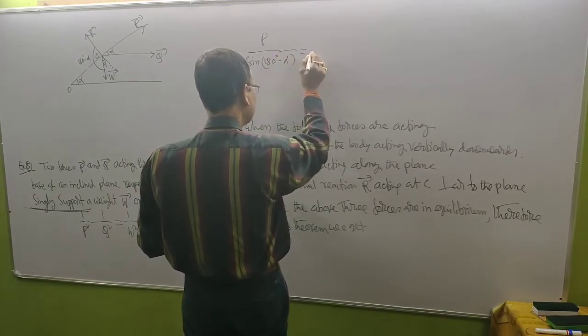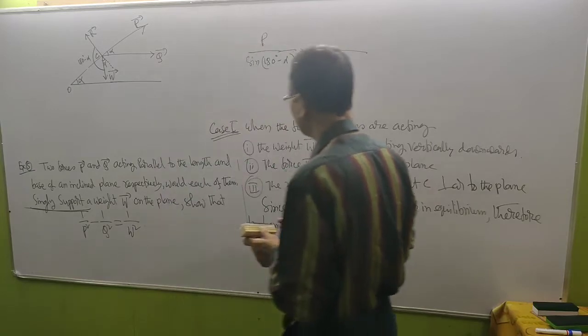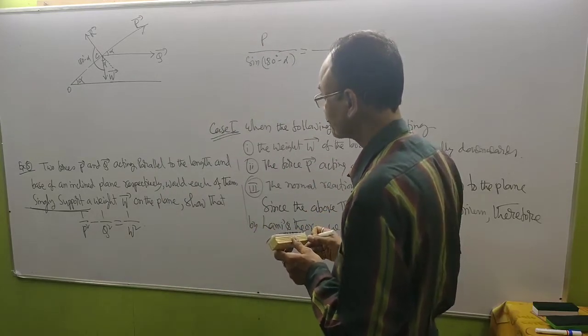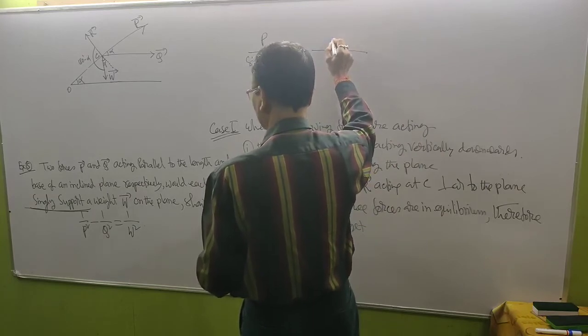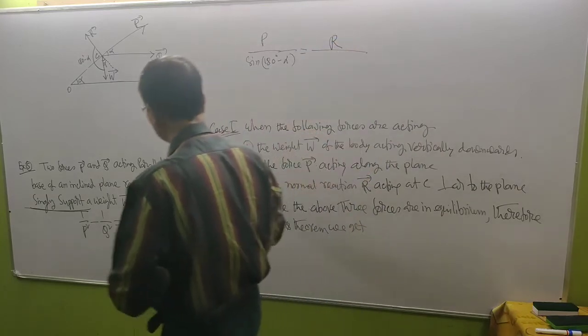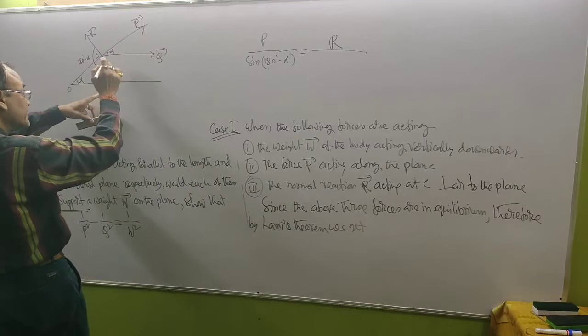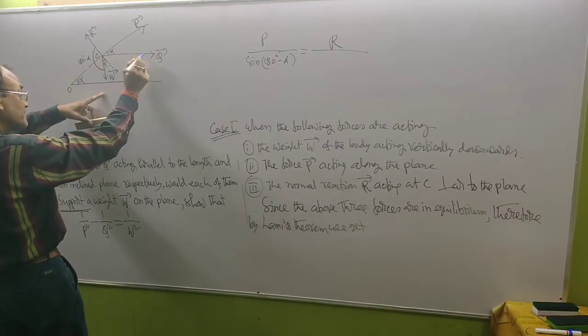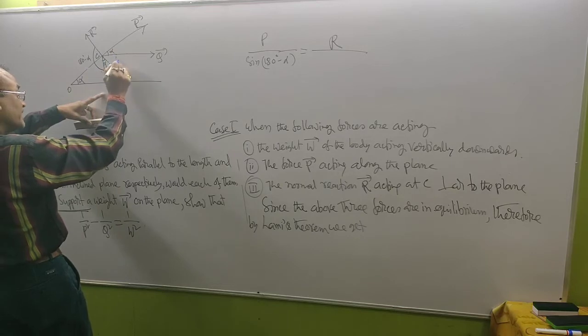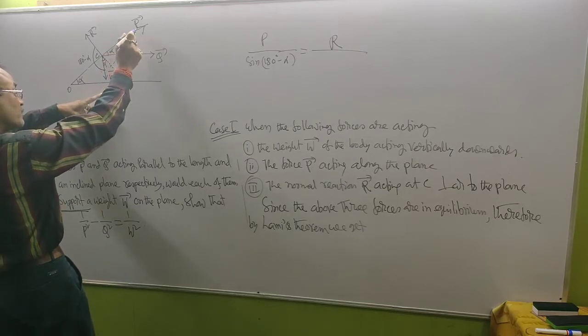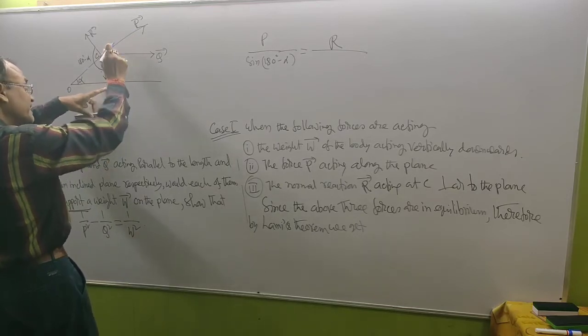This is equal to W divided by the angle between P and R, that is 90 degrees, and R divided by the angle between P and W. Since this angle is 90 degrees, the angle between P and W will be 90 degrees plus alpha.